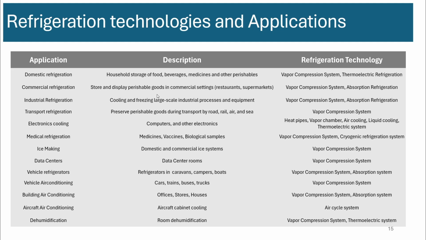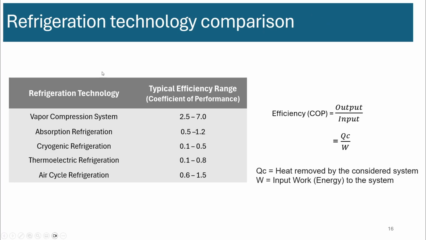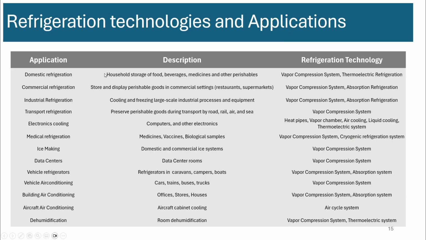Now we look into some of the applications of refrigeration technologies. Okay, so this is a comprehensive, if not complete, list of applications. This probably covers maybe more than 90% of the applications of refrigeration. So primarily, it's used for domestic refrigeration, right?